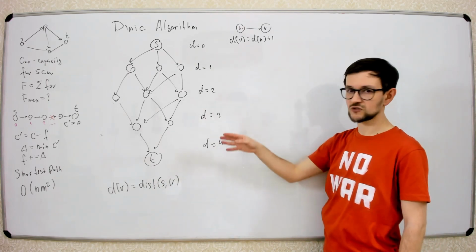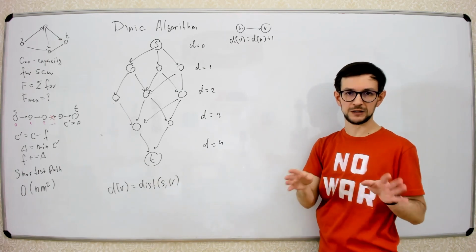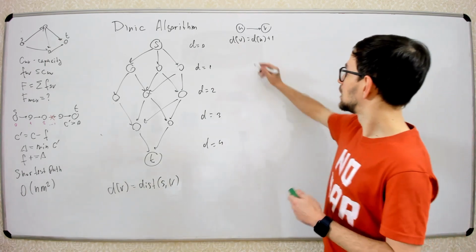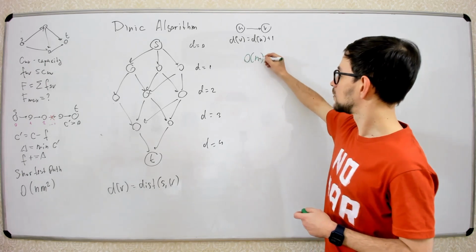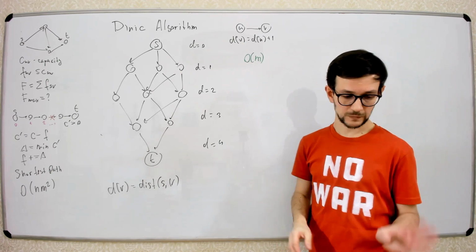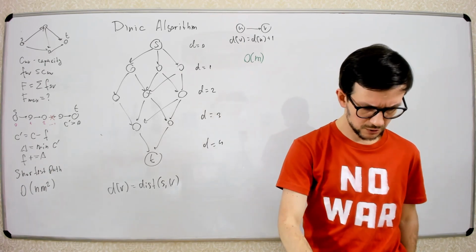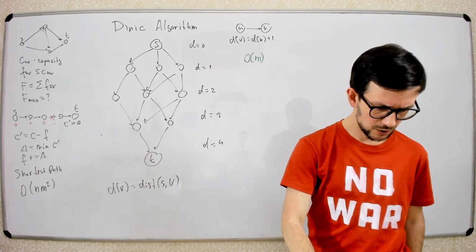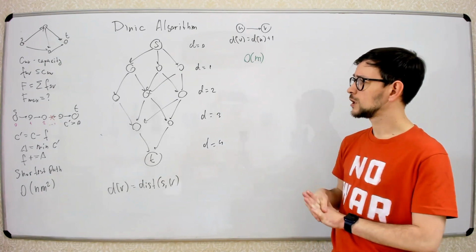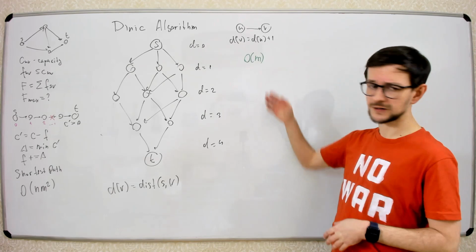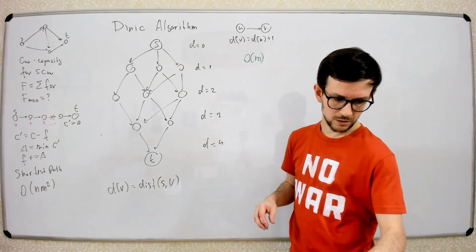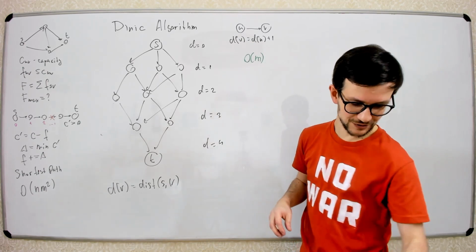Now you have this graph. It can all be done in linear time. So by now we spent linear time to build this graph. Is it clear enough? Do you believe we can build this graph in linear time?